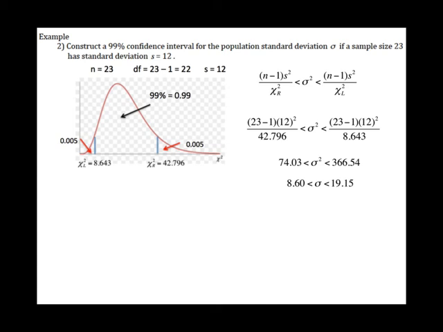So this is gonna be the confidence interval for population standard deviation. And then last step, you need to draw the conclusion. Okay, we are 99% confident that the limits of these two numbers contain the true value of the standard deviation.